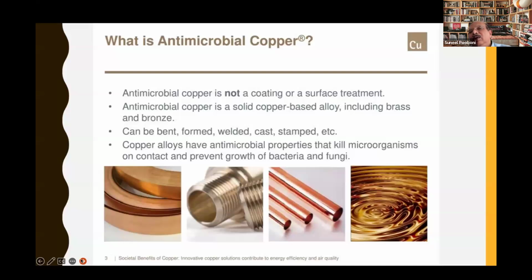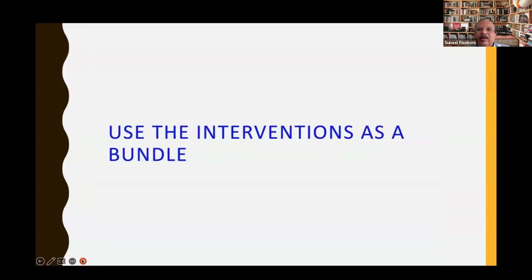But those units who have used this principle and used copper material in all the equipment which is used for the patient as far as possible, then they found the infection rate to be much less. So, just by using copper, the rate of your infections is going to come down, cross contamination is going to come down, antibiotics you are using will be less, and resistance will be less as well.